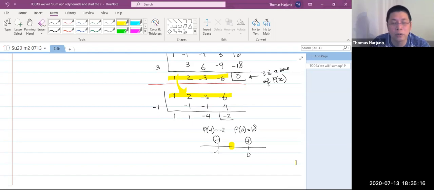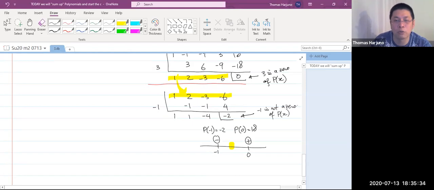So it must be irrational in between there. So from here we say that not only do we know that negative 1 is not a zero, we also know that there is one irrational zero between negative 1 and 0.